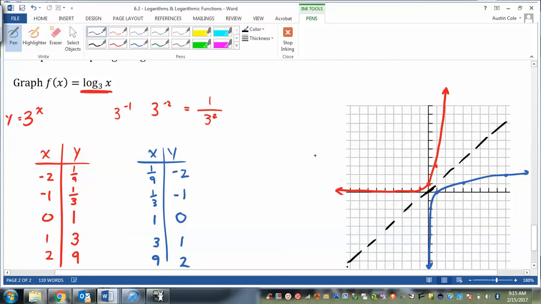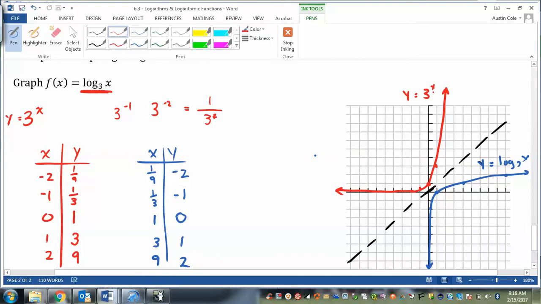Okay? So which one's my actual graph though? It's the blue one. This is the graph of y equals log base 3 of x. Okay? This is the graph of 3 to the x.